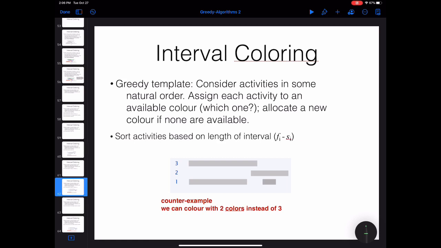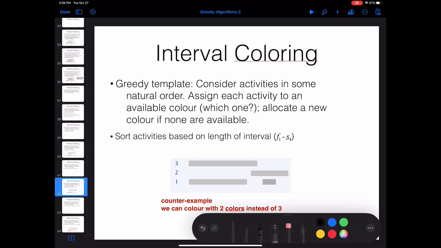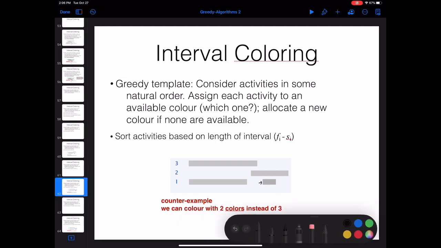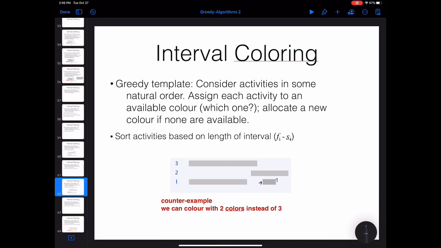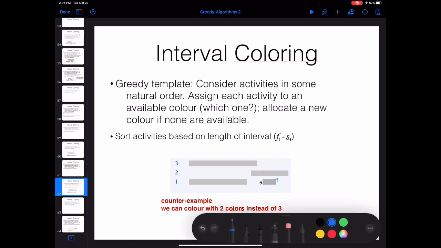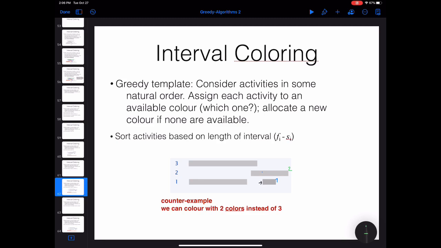So based on this strategy, the first one that will be colored is this one. Let's just color it with, for example, the color 1. And the next one is going to be this one. There is conflict. I cannot use the color 1 for that. So I will need to use a different color.